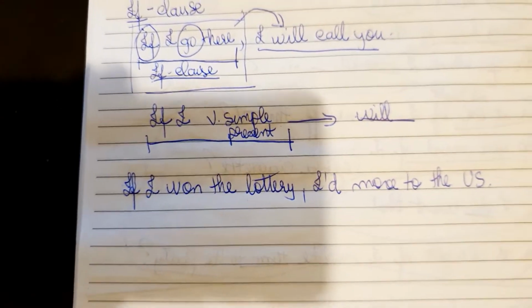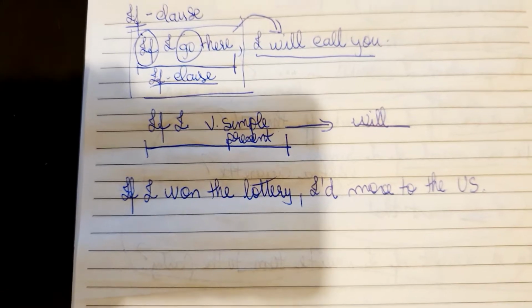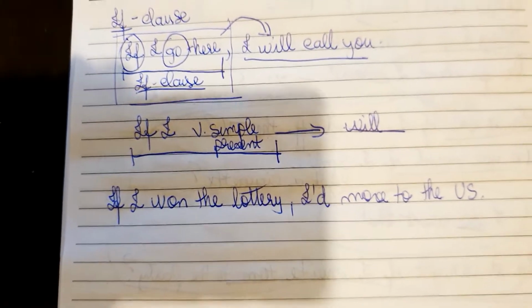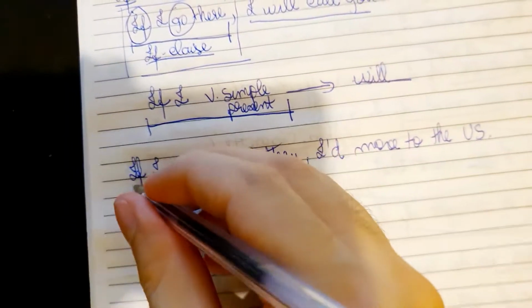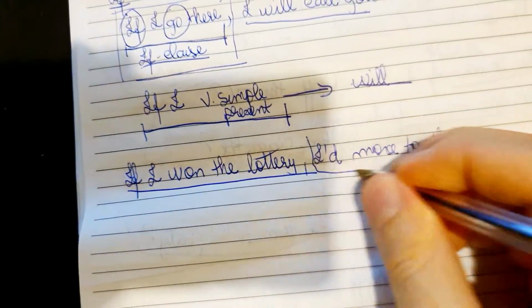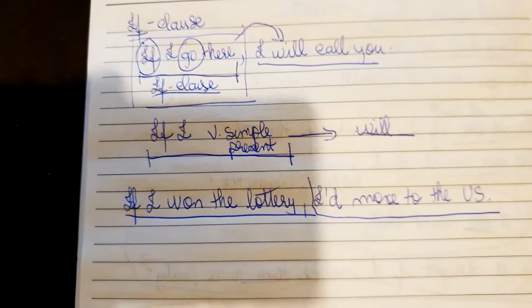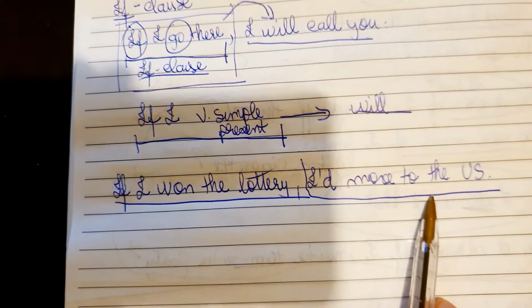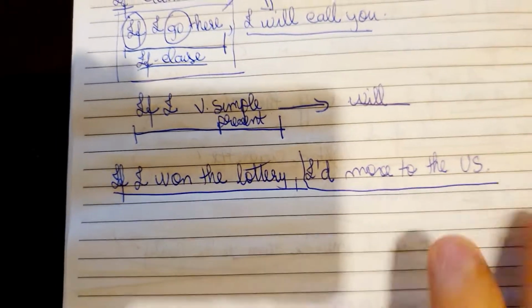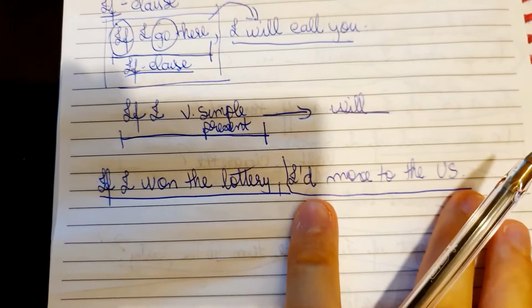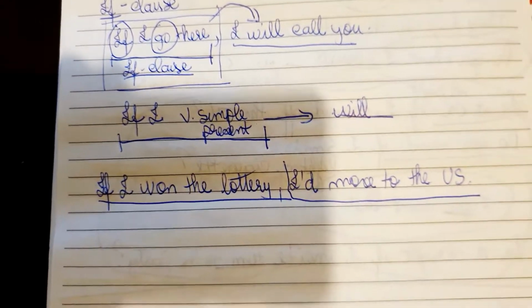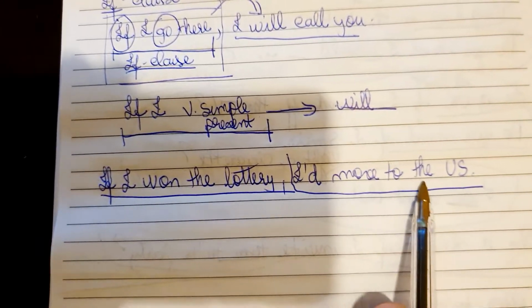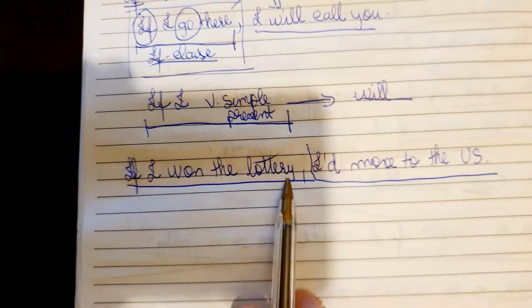I bet on the lottery, of course. If you want to win the lottery, it's necessary to bet. Okay. If I won the lottery, I'd move to the US. So there is a condition here. Right now, I have no conditions to move to the US. I'd only do that, move to the US, if I won the lottery.